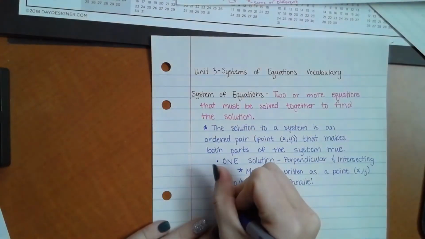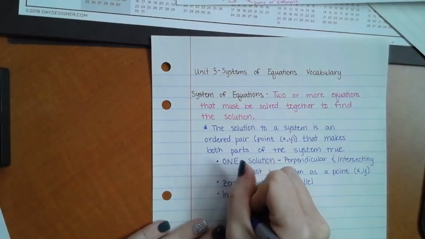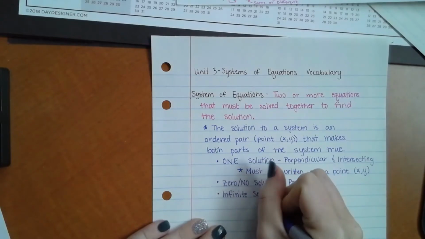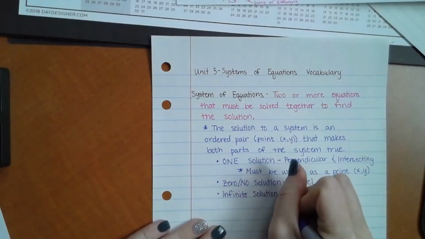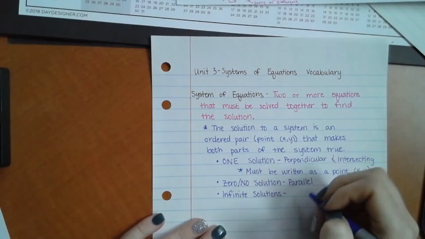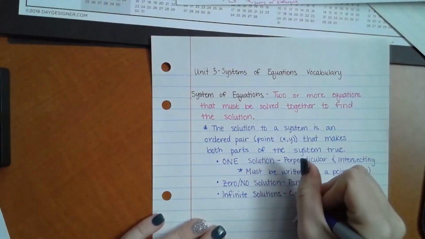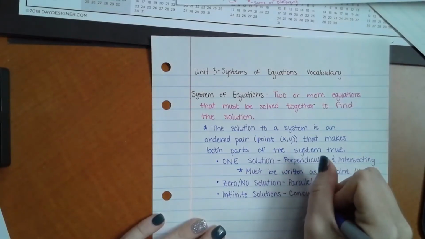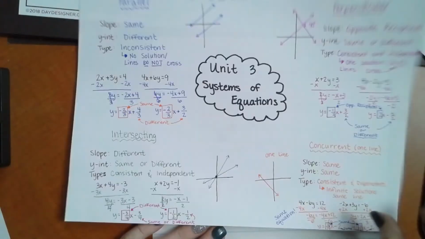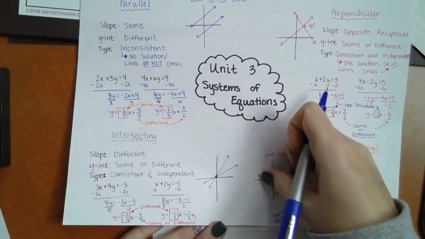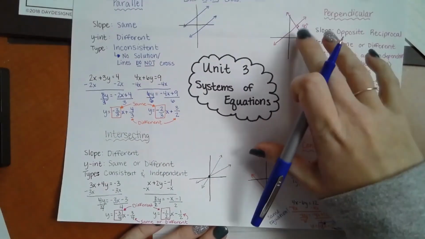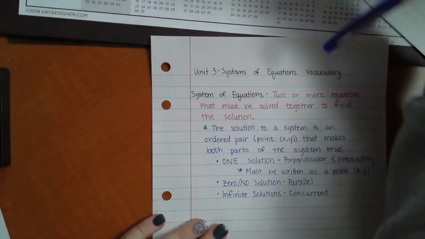And then also infinite solutions. And that is going to be your concurrent. And that's because it's the same line. So all of your answers, it's going to work no matter what because it's the exact same line. It's not going to just work at the one spot like perpendicular and intersecting.